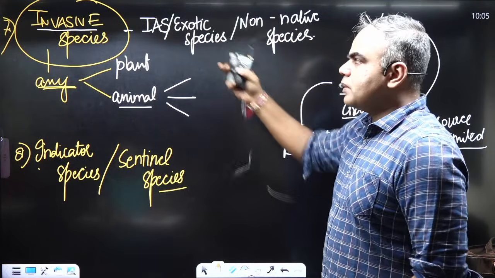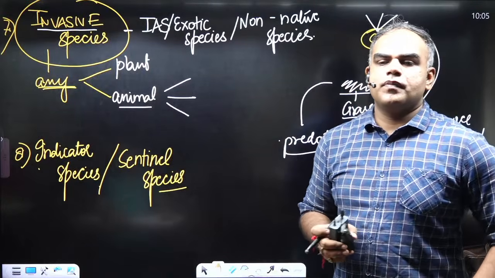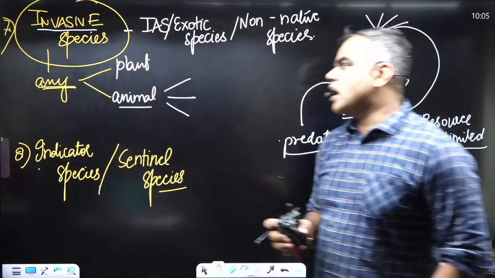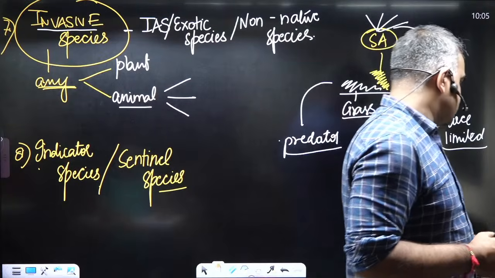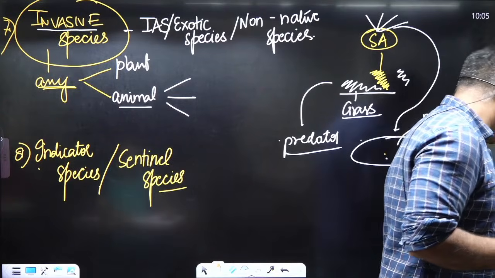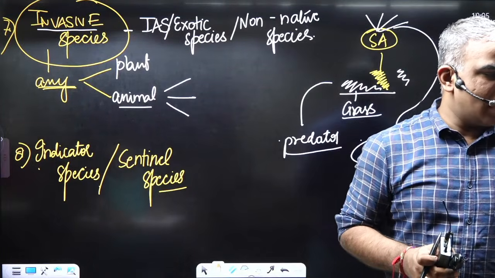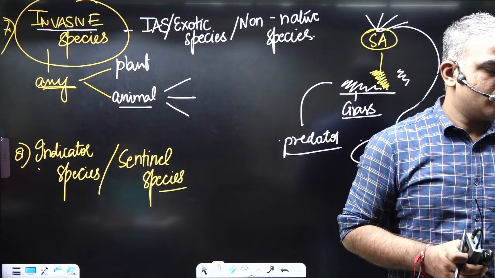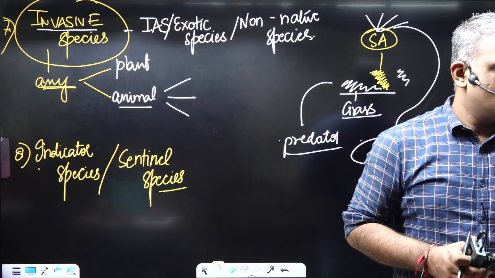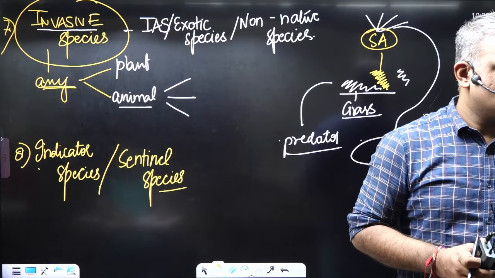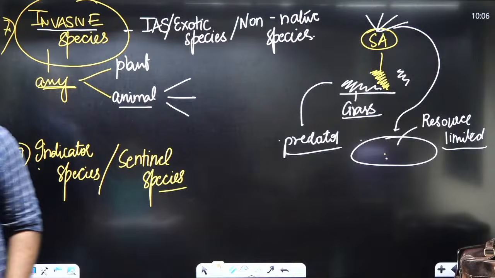Have you written this? Now write the first point. The invasive species can be a microorganism, a plant, or an animal, which is not found in the local slash native area.